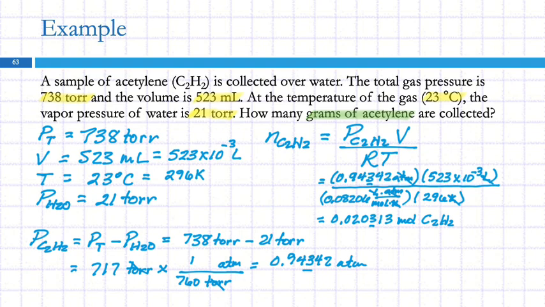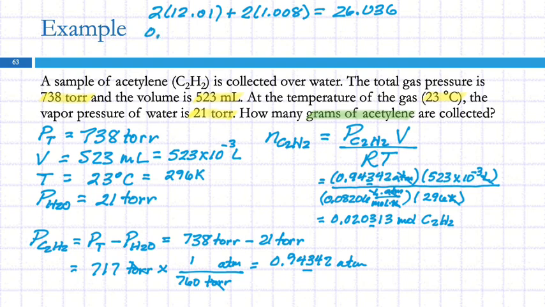So I'm running out of space down there, so I'm gonna move up here. I'm gonna need the molar mass of acetylene, which I get from the formula. 26.036.